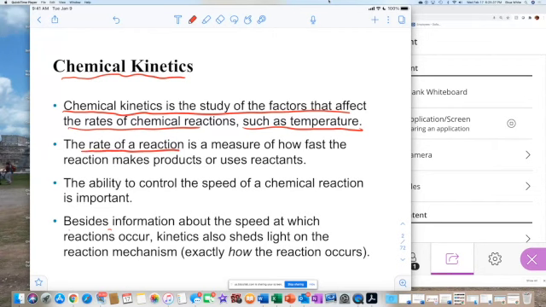The rate of the reaction is a measure of how fast the reaction makes products or uses reactants. So we'll start this chapter by looking at both. The chemical reaction we have, how fast is that making product, or how fast is it using reactant? We'll use both products being made and reactants being used to measure the rate of the reaction.